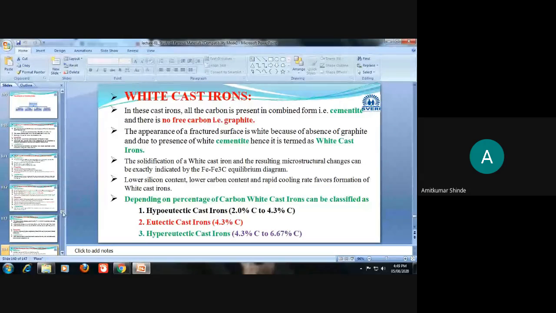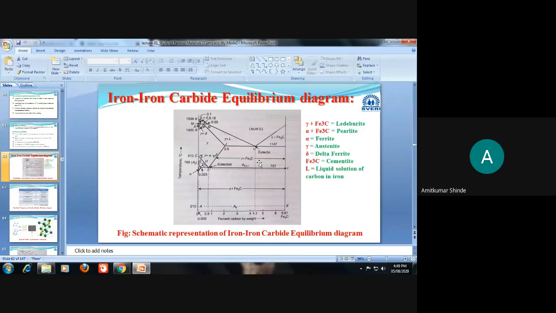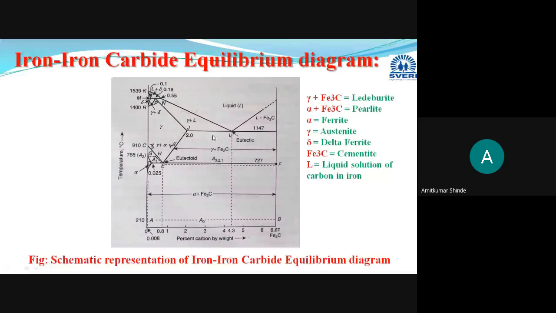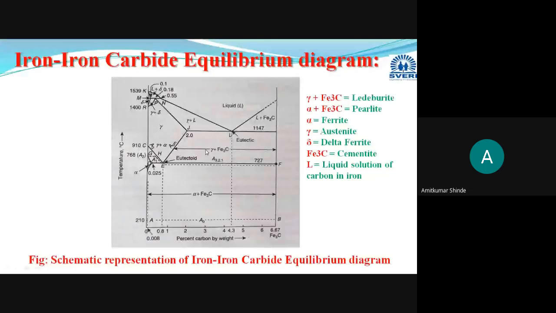Depending on that equilibrium diagram only, these are classified in three different types. This is the equilibrium diagram for the steel, or you can say the iron carbide equilibrium diagram. I will explain how this classification is done.